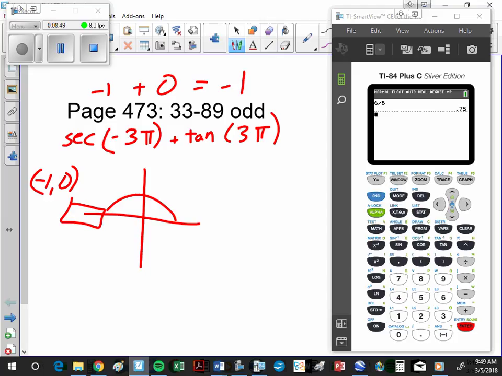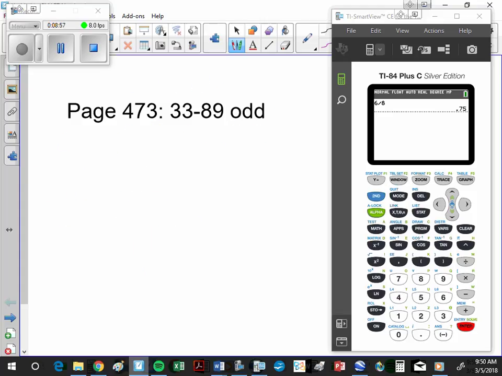All right, look at number 48. Determine whether each statement is possible or not. Number 48 says the cosine of theta is equal to 1.0001. Can that happen? Jimmy says no. Why not?